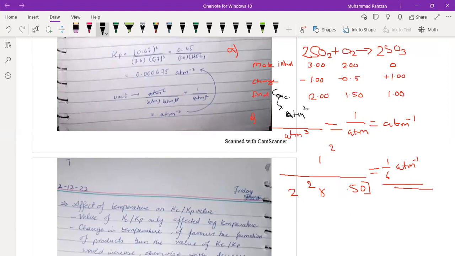Actually we are dealing with Kp, partial pressure. First of all, you have to calculate the partial pressure of each component, like partial pressure of SO3. The formula I have told you in the discussion: P is equal to nRT over V. It means pressure and concentration, the sense is same.